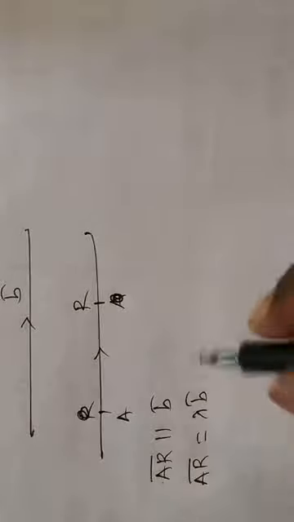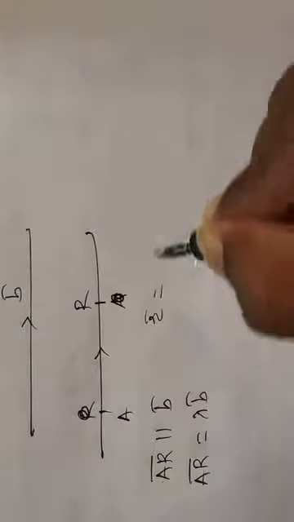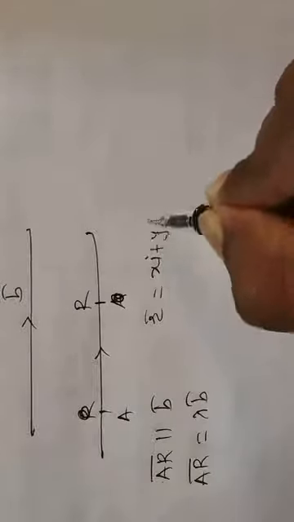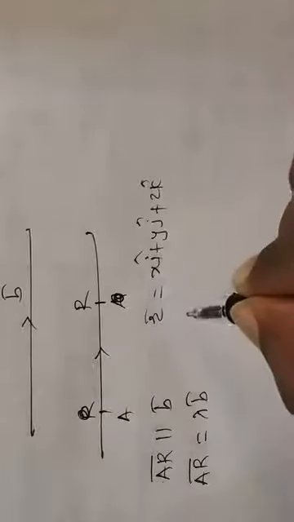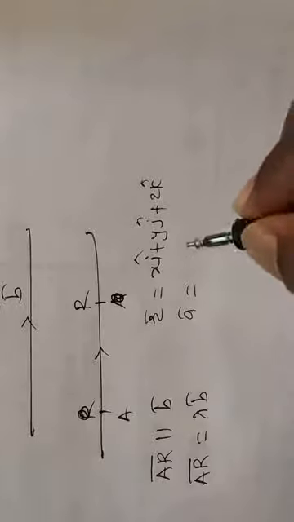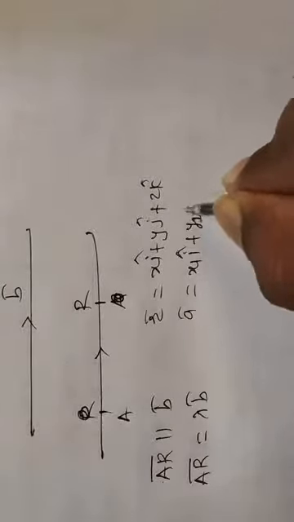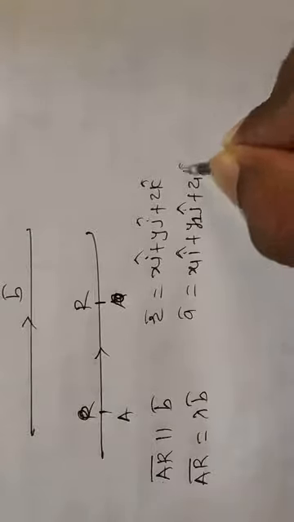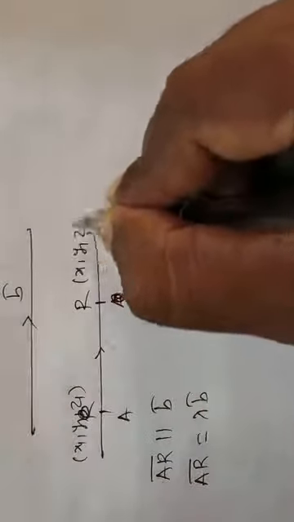Suppose R bar is equal to x i plus y j plus z k, and A bar is a point, x1 i plus y1 j plus z1 k. This is x1, y1, z1, and this is x, y, z.